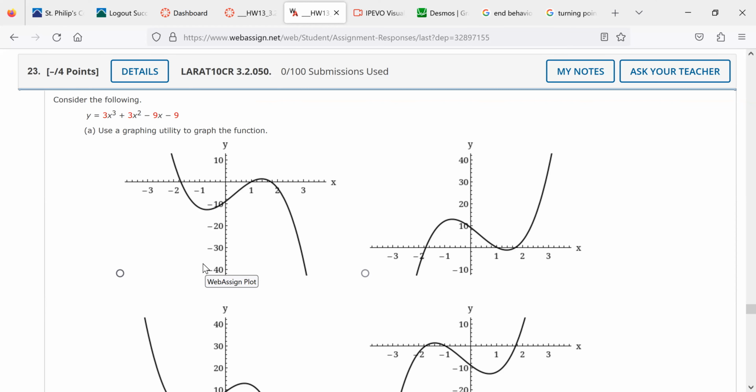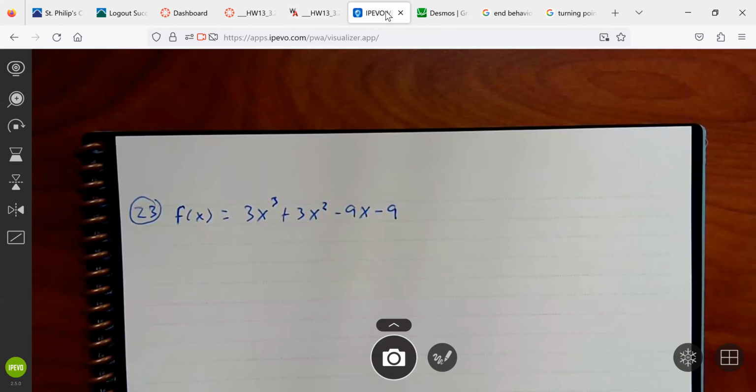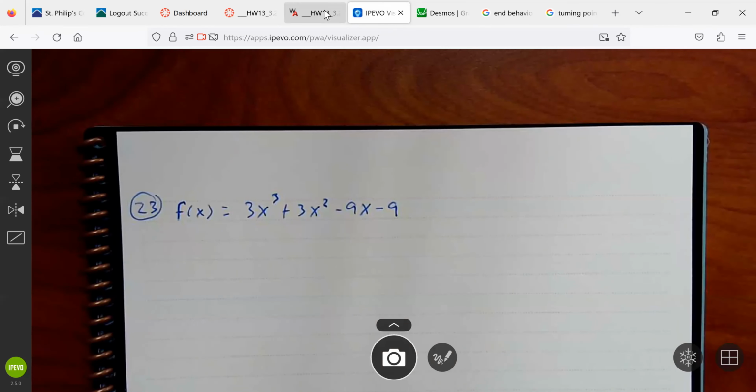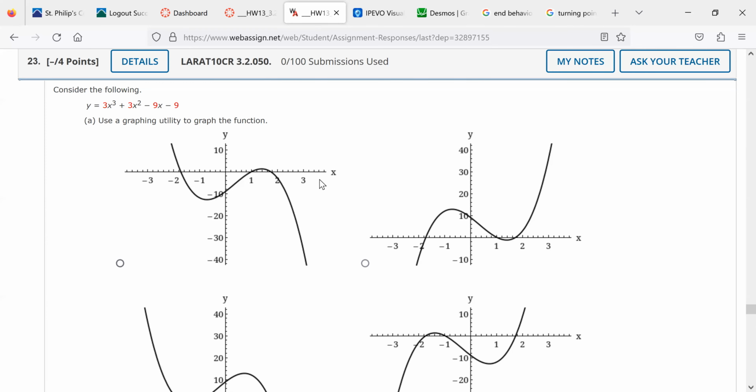This one has a couple of zeros. Let's do 23, I guess, just in case. Here they're just asking us to graph.